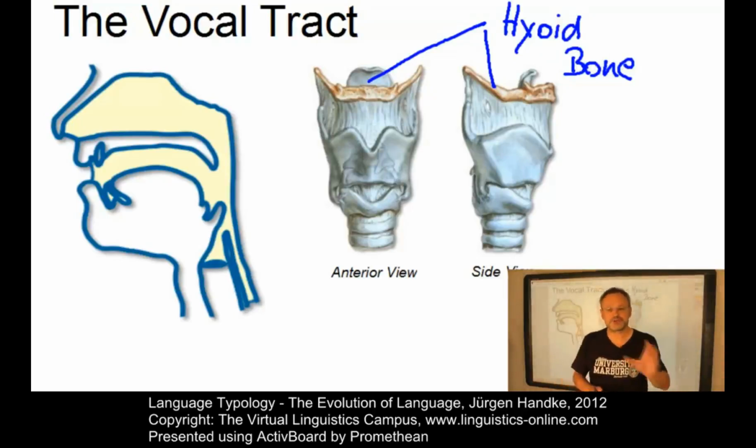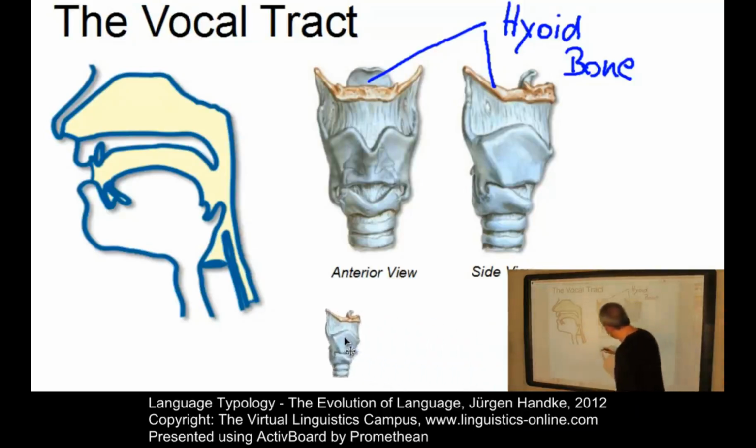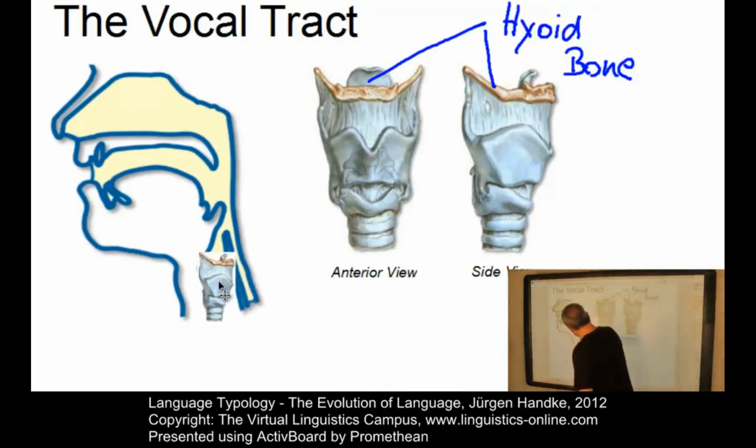This horseshoe-shaped hyoid bone is linked to the tongue by means of a particular connection referred to as the hyoglossus. Let's illustrate this by moving this sort of larynx into the vocal tract.